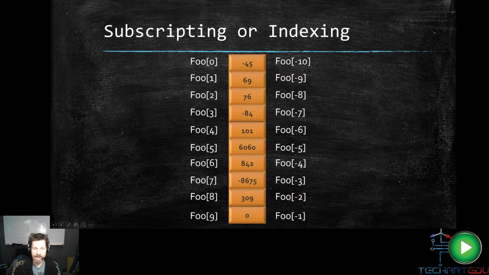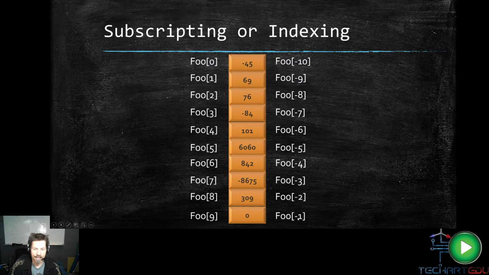Since we're starting at 0, we're not dealing with the normal numbers. What we're dealing with is counting it over. We're going to count at 0, and then we're going to go all the way to n-1 at the very end. Now, in Python, it is possible to use negative index values. Those negative index values start at the end.